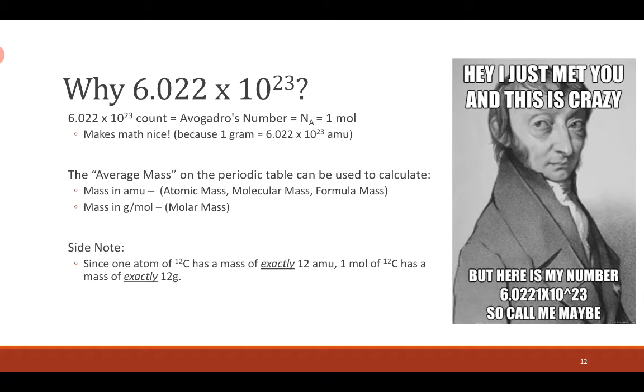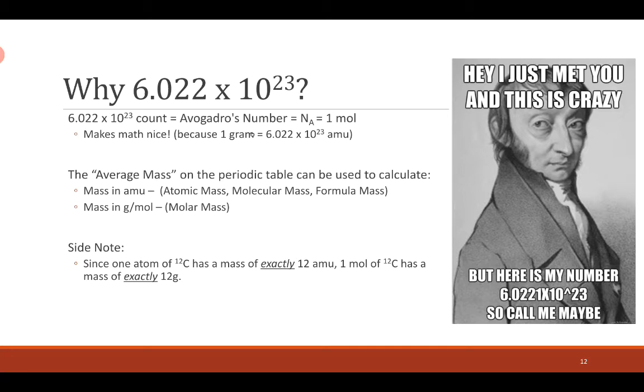So why did they pick 6.022 times 10 to the 23rd power? Why didn't they pick something like 1 times 10 to the 23rd power? Well, they picked this number because it made math easy to convert between the units of grams and atomic mass units. 1 gram is equal to 6.022 times 10 to the 23rd power atomic mass units.